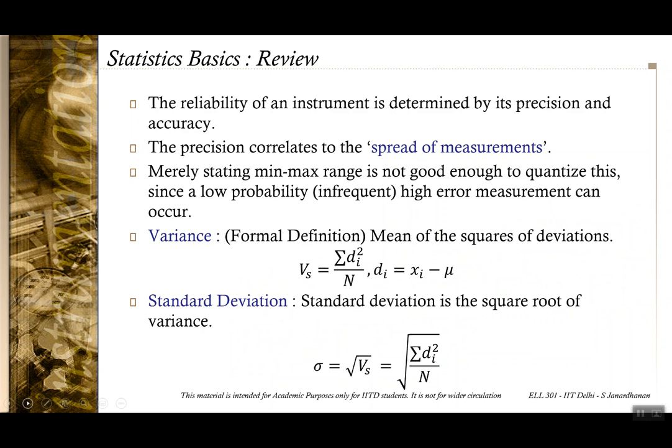Okay, and for this purpose we will be using the variation of variance and the standard deviation. Now variance, as you would have studied, is the mean of square of deviations from it.